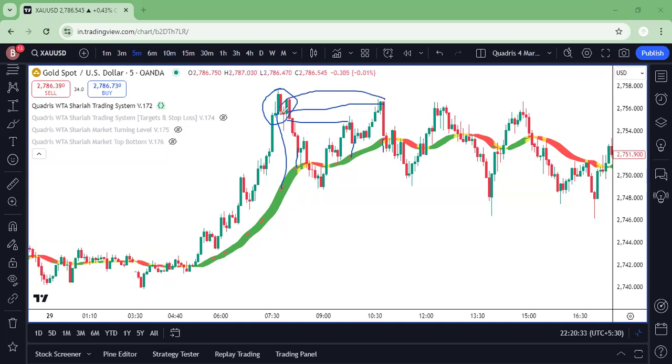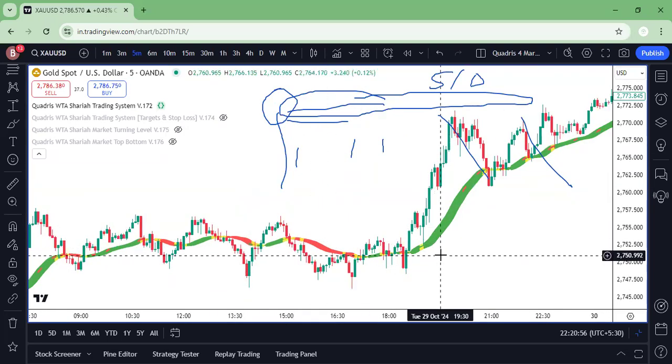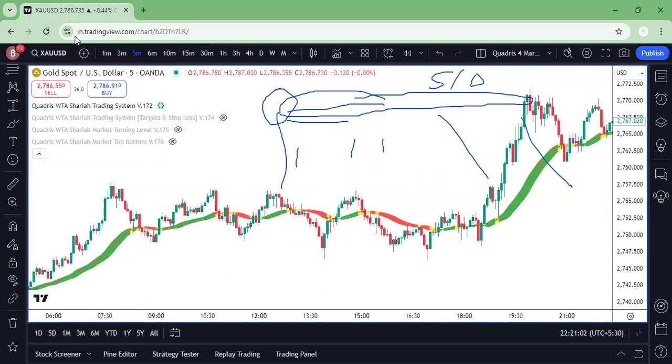So this price band is telling us that here suppliers or supply holds greater interest than demand. That's the reason we got the fall. And what happened after that? The result is, for example, here we got into this particular area.